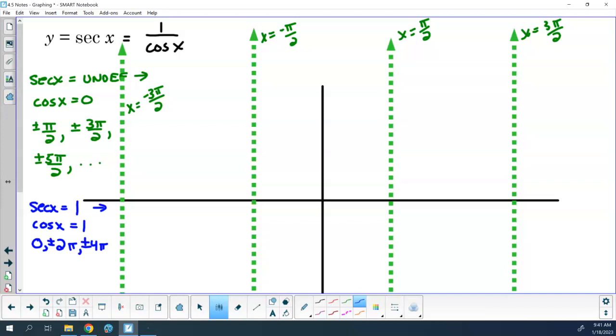So that means at 0, we would be at 1. At 2 pi. So then this would be out there.